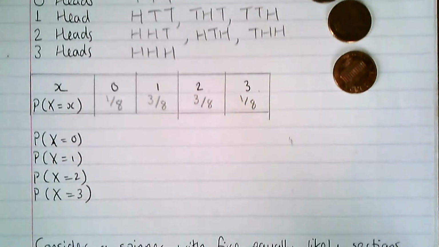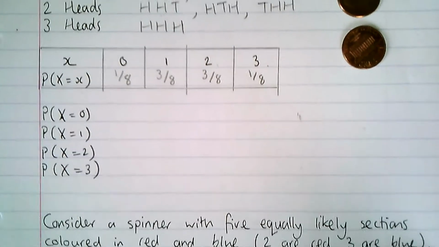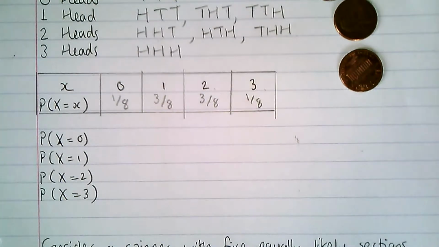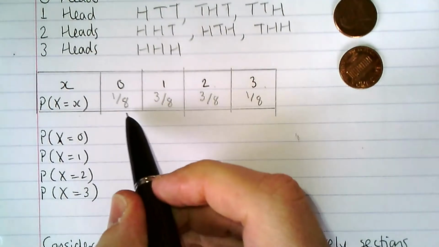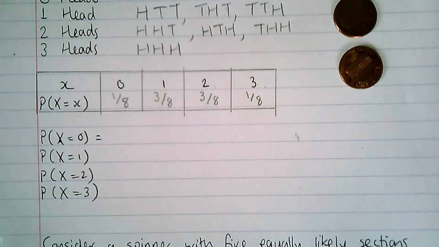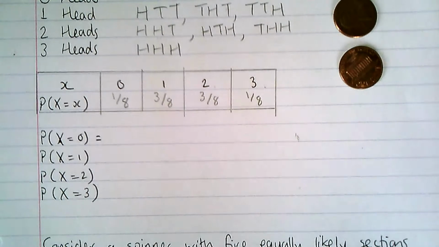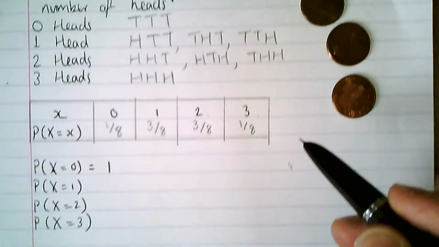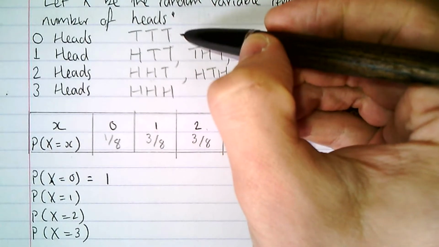So if I just move this down here, we've got the table, but we've got these 4 probabilities that we're going to work out. Now, we're going to get an answer of 1/8 for this, but I just want to show you where this comes from in terms of our structure. So there's only one way of getting no heads, so that's 3 tails.